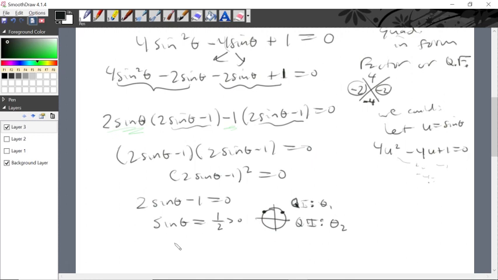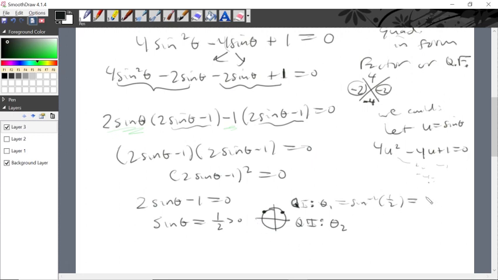Theta 1 can be found by taking the arc sine of 1/2, or by knowing the geometry of those triangles. What angle would be associated with a sine of 1/2? That would be 30 degrees, or pi over 6.